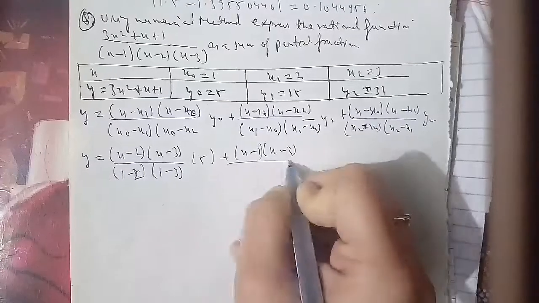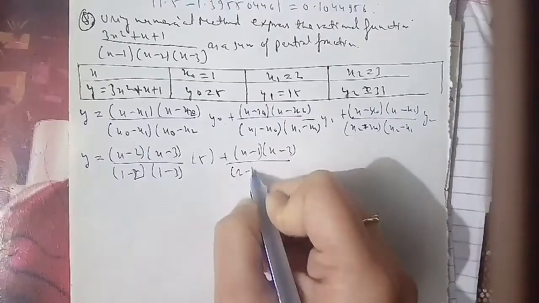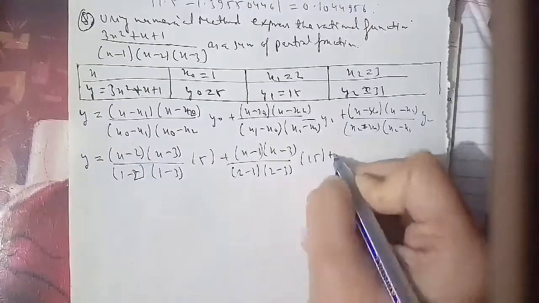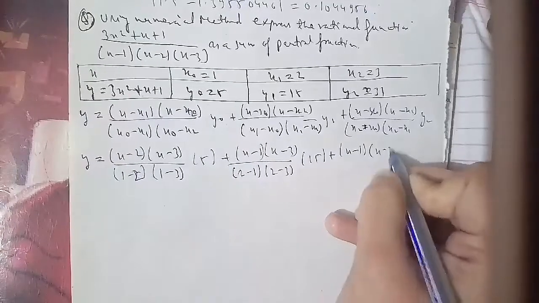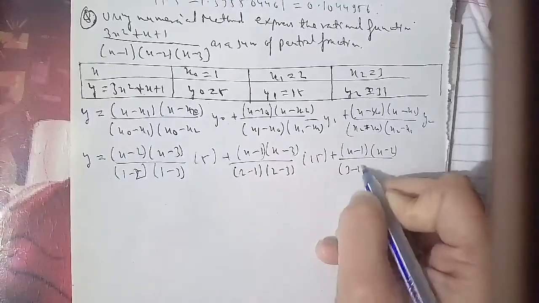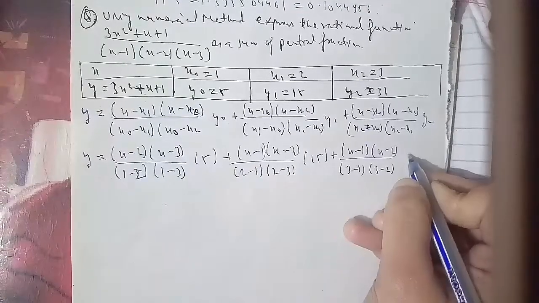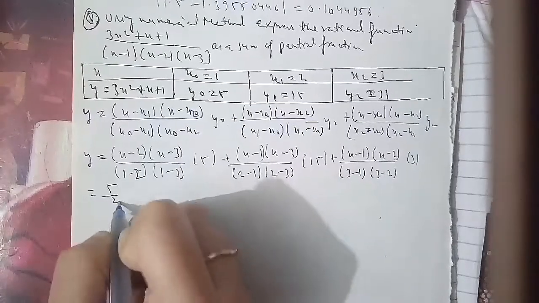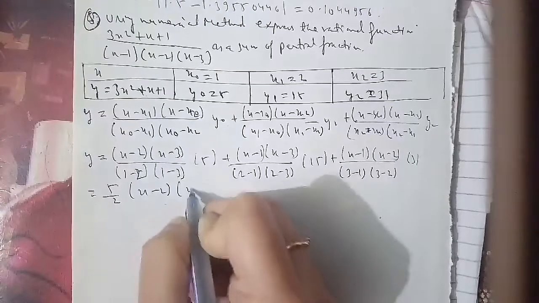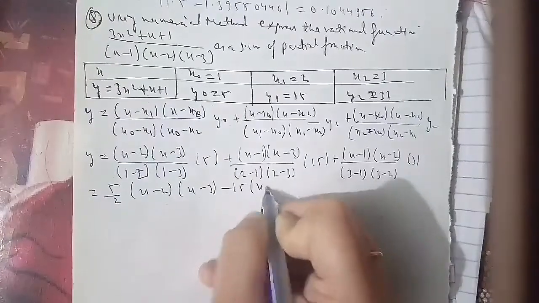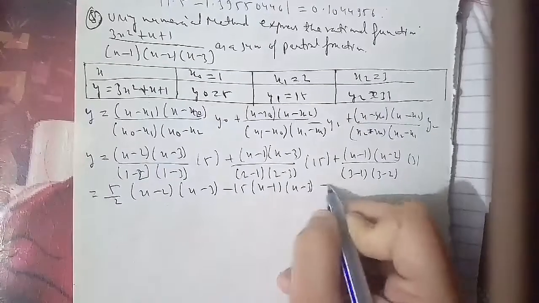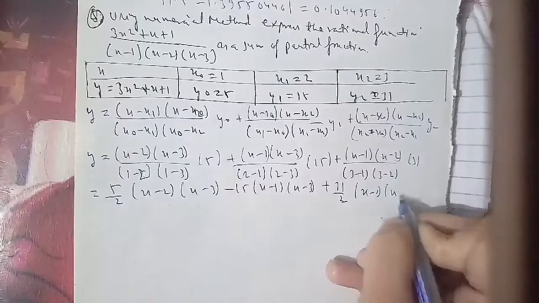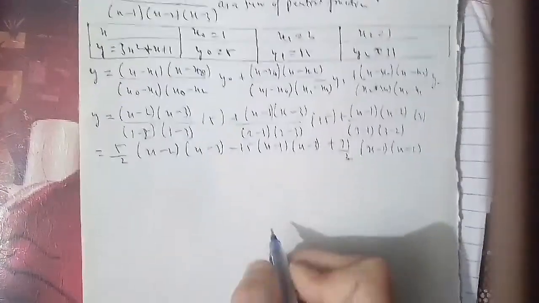Putting the values for the numerator into the function, we get (3x squared plus x plus 1) upon (x minus 1)(x minus 2)(x minus 3) equals [5 by 2 (x minus 2)(x minus 3) minus 15 (x minus 1)(x minus 3) plus 31 by 2 (x minus 1)(x minus 2)] upon (x minus 1)(x minus 2)(x minus 3).